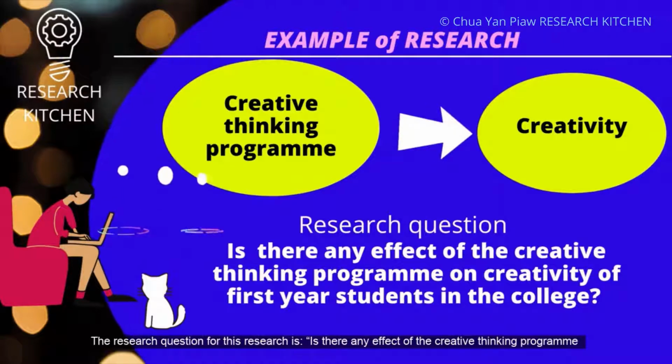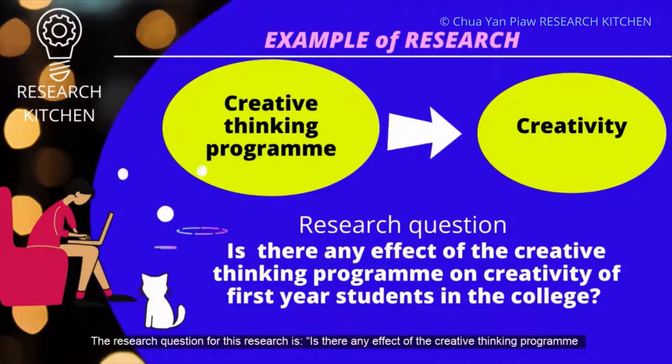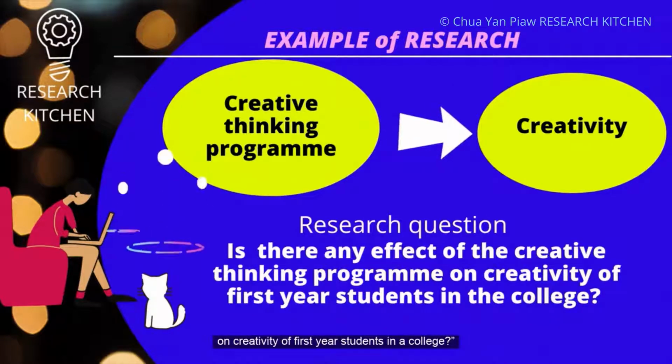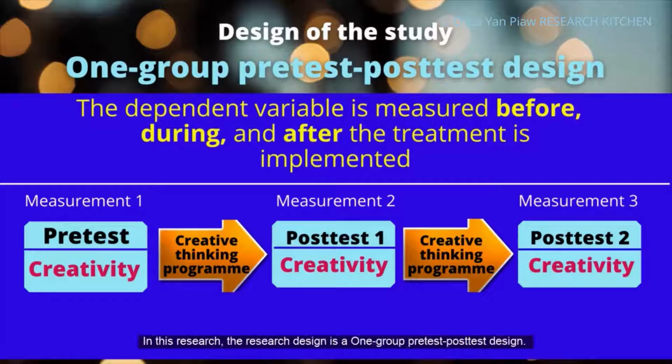The research question for this research is: is there any effect of creative thinking programs on creativity of first-year students in a college? In this research, the research design is a one-group pretest post-test design.